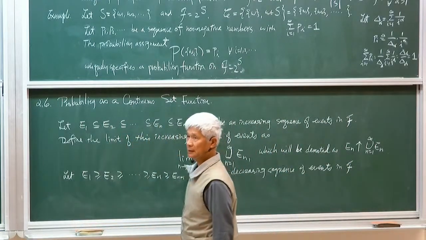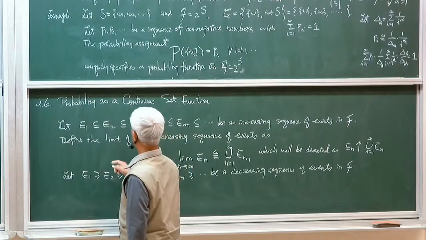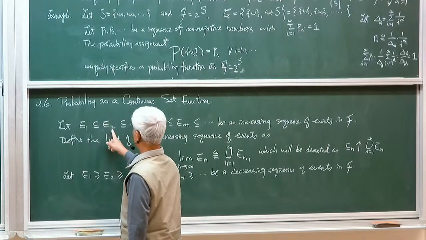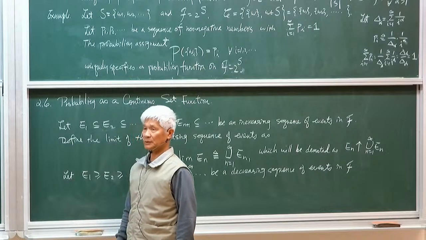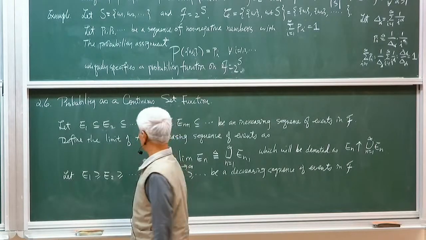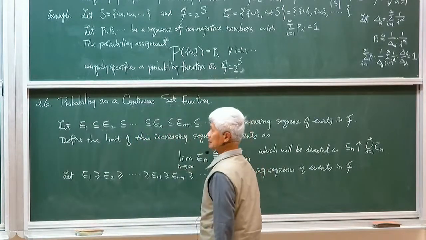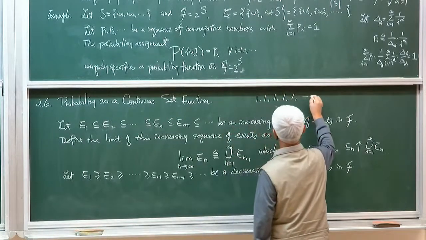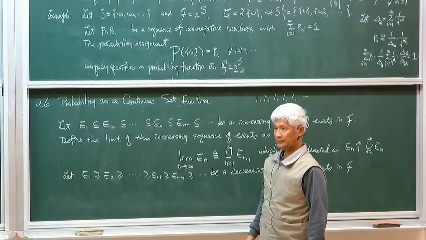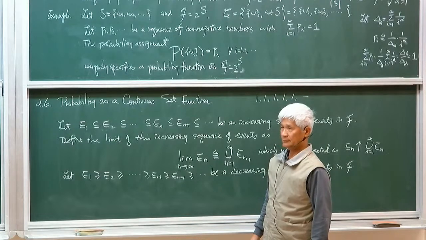For the first one, E1 is a subset of E2. Does that symbol mean it could also be equal to E2? Yeah, it is possible to be equal. Would that still be called an increasing sequence? Yes, just like 1, 1, 1, 1. It's an increasing sequence.